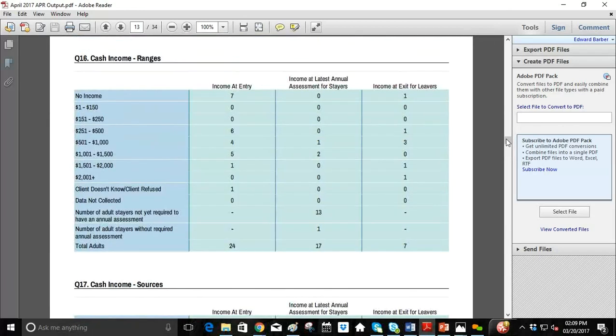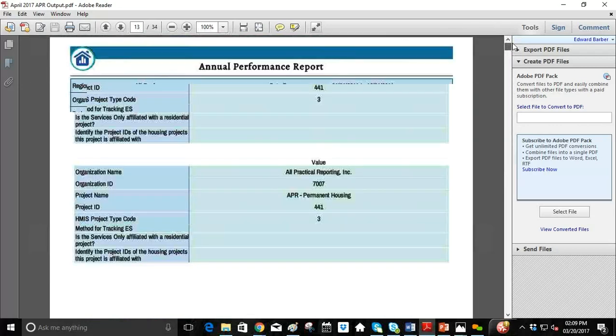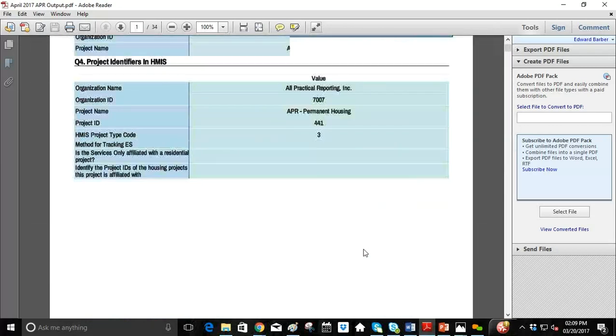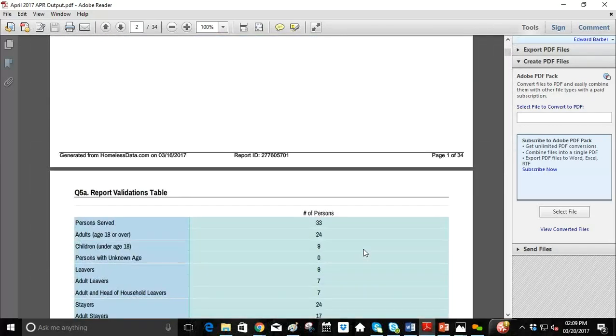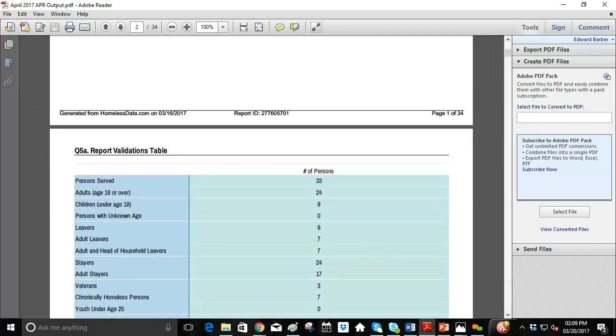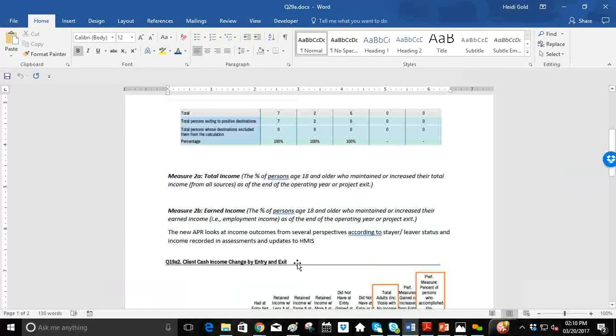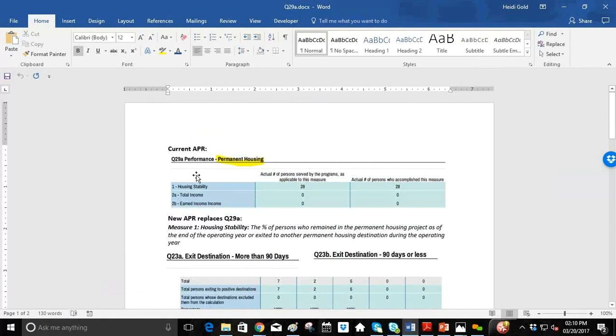I'm going to walk through it pretty fast. So again, this is over kind of test data. I'll tell you that question 29A from the old APR was around performance, housing stability, and income questions, the actual persons, and then the percentage.